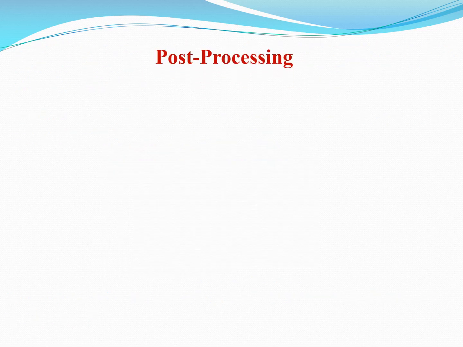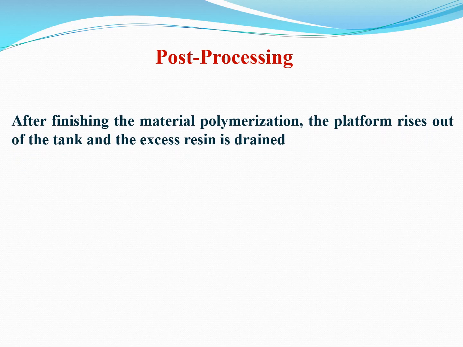Now there is a very important thing that is called post processing. After finishing the material polymerization, the platform is raised out of the tank and the excess resin is drained. That means excess resin may be drained from that platform.